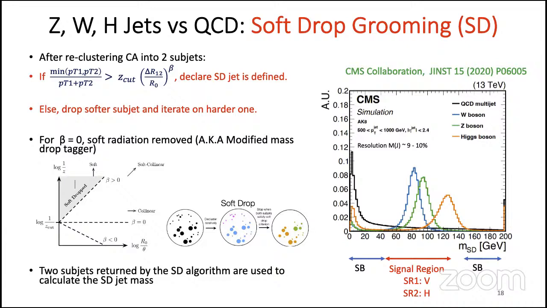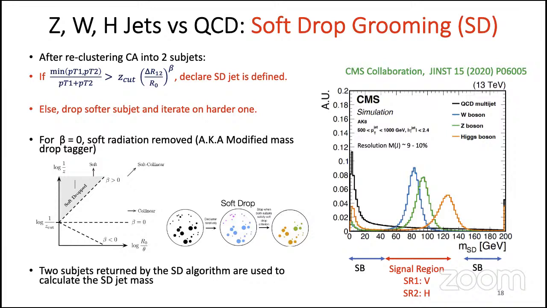So we repeat the process in an iteration until we have the hard subjets in the fat jet. These parameters z cut and beta are what the algorithm recognizes as soft radiation and collinear radiation of the jet.